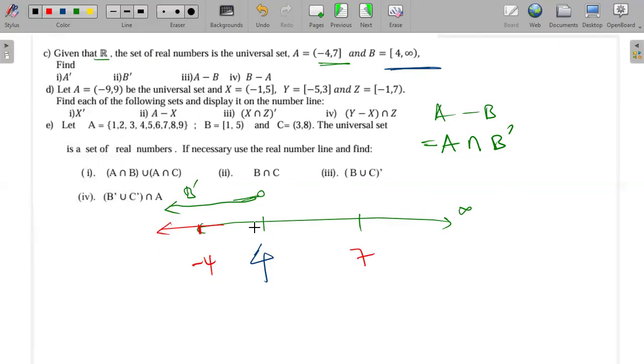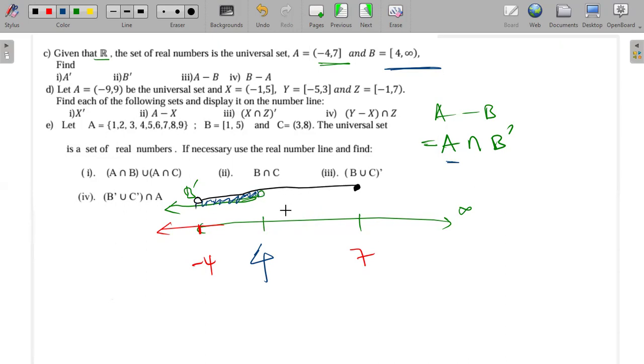Then let us plot A again. So A is open at -4, and it goes all the way up to 7, and it's closed at 7. Then where do these two intersect? If I look at the intersection, this is where they intersect. These terms here are what are common. But then for the endpoints, -4 is not in A, so it can't be in the intersection.